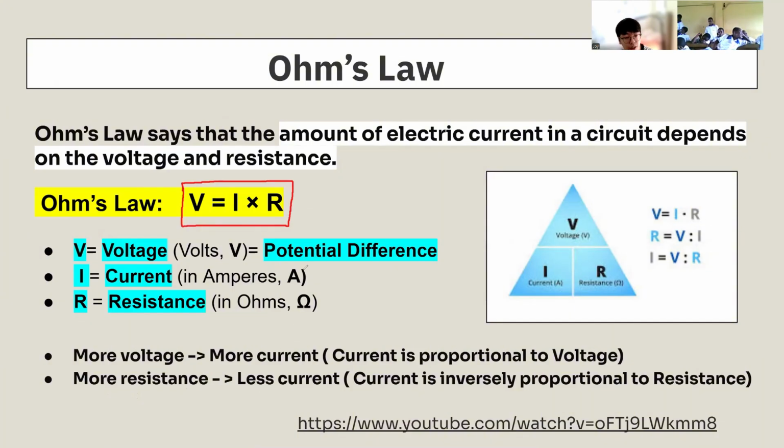We can also write this as I equals V over R by rearranging. It's the same equation. You can see that if there is more resistance, then it'll be harder for electric current, for electrons, to flow. That is why there will be less current if there is more resistance.